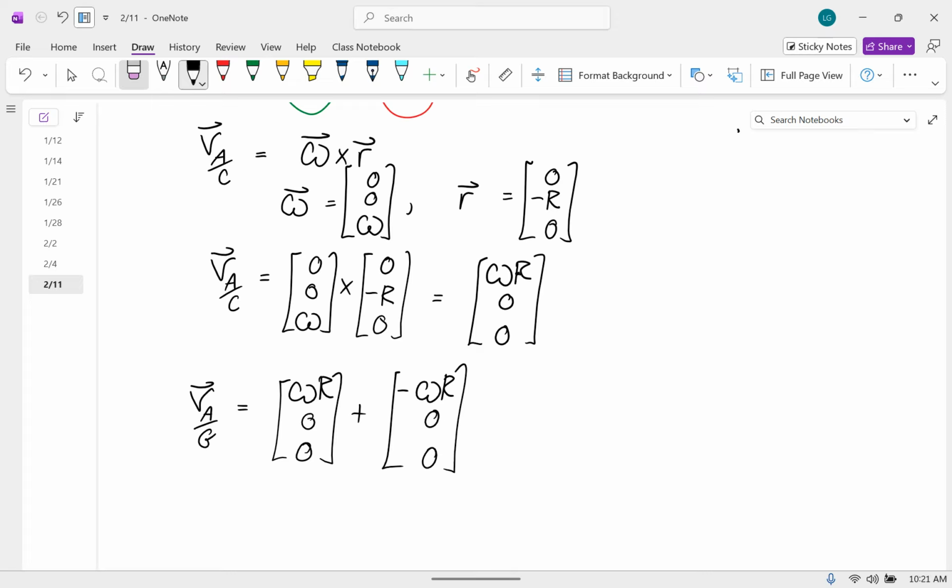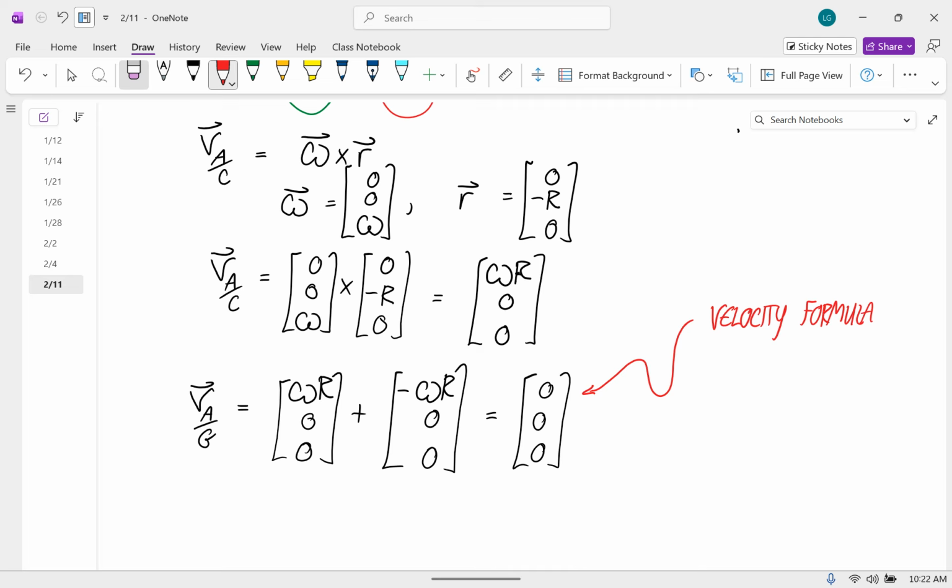That's the formula, and it's that. So the velocity formula works. Okay? Now we're going to do the same thing with the acceleration.